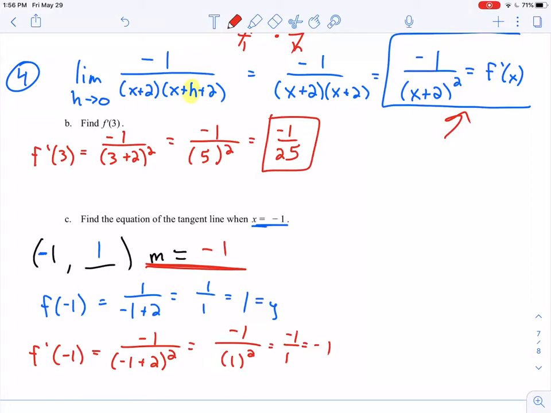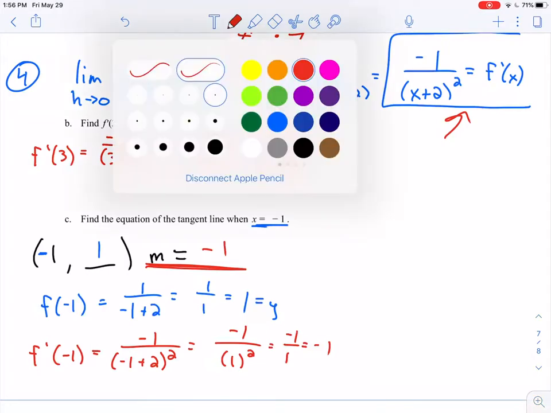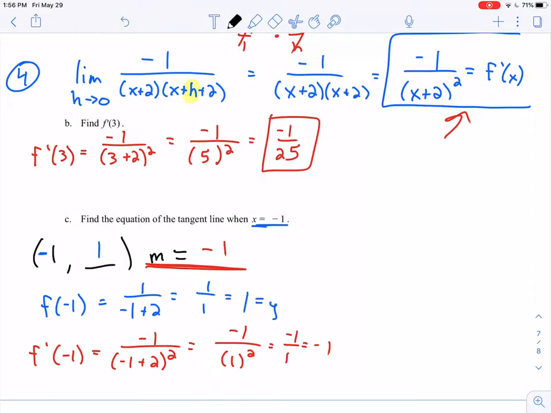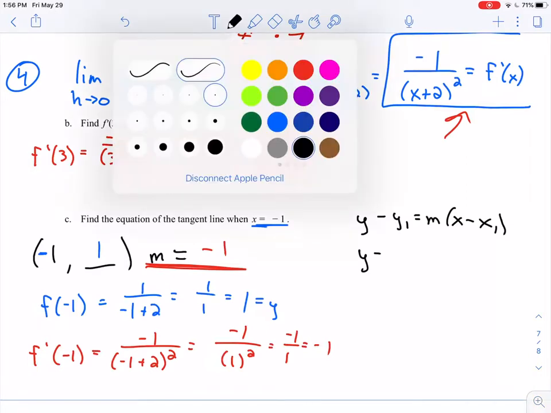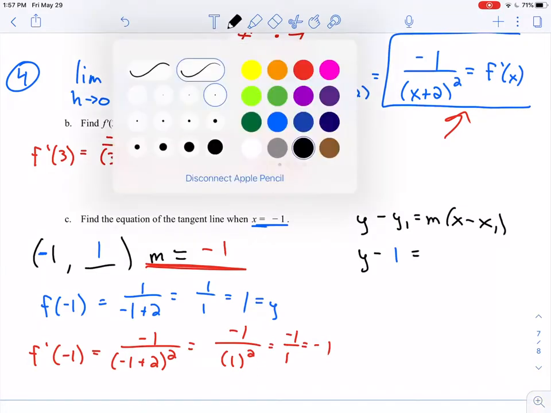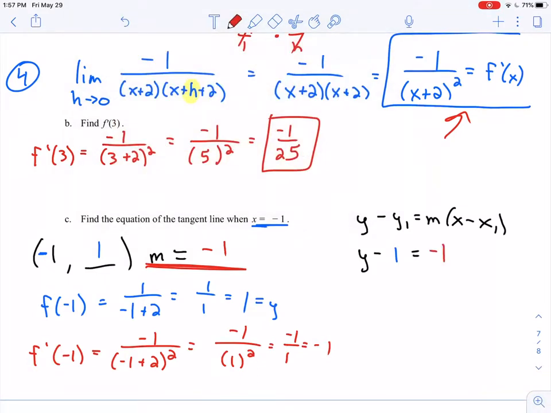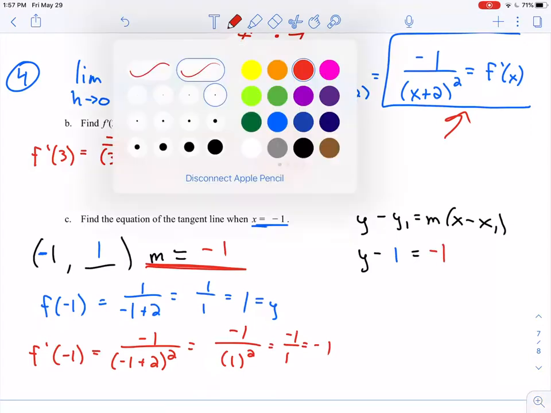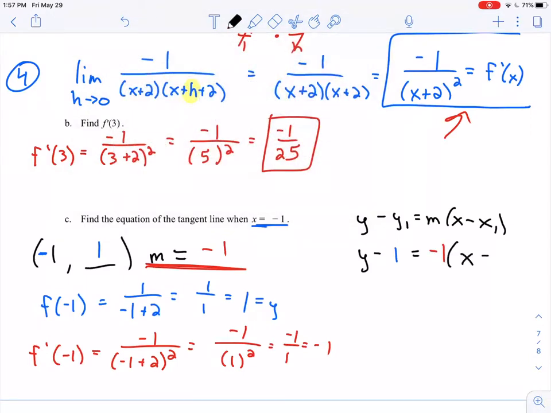At this point, I have everything I need. I'm going to plug this into my point slope form, which says y minus y1 equals m times the quantity x minus x1. So y minus my y coordinate, which was 1, equals m, that's the slope of the tangent line, so that's -1, times x minus my x coordinate, which was -1.